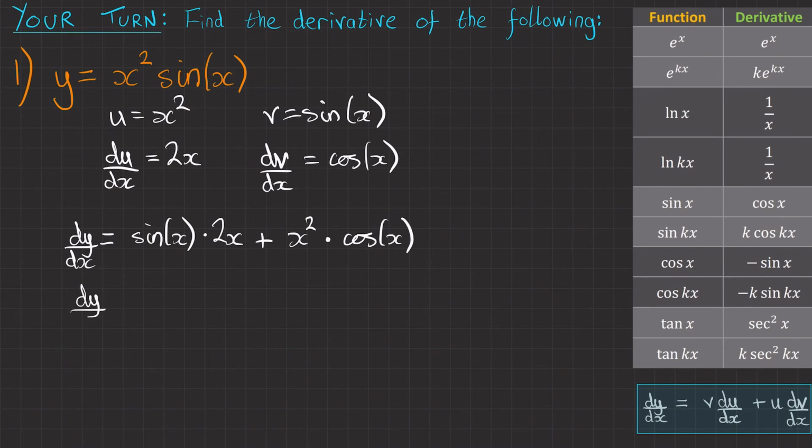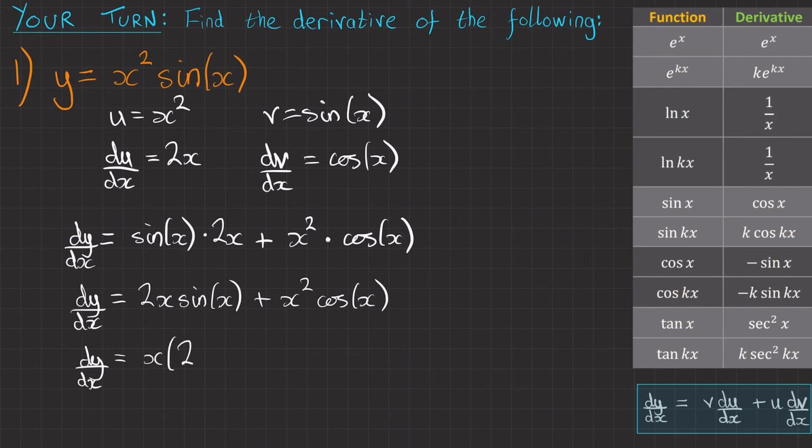So dy by dx, if we simplify it a bit, we've got 2x sine x plus x squared cos x. If you really want to, you can take out a factor. That would be x lots of 2 sine x plus x cos x.